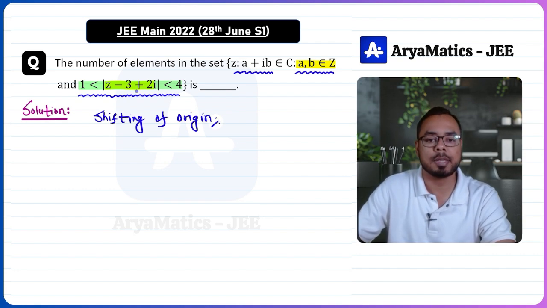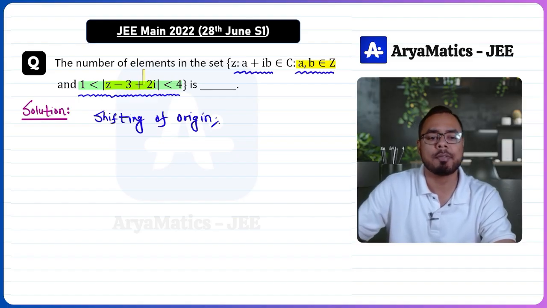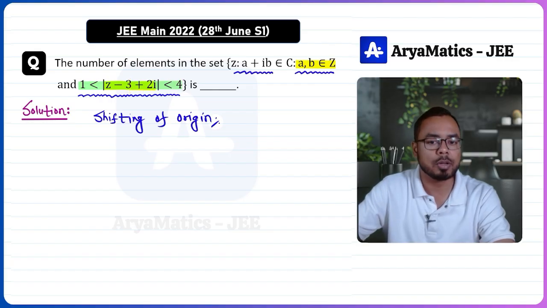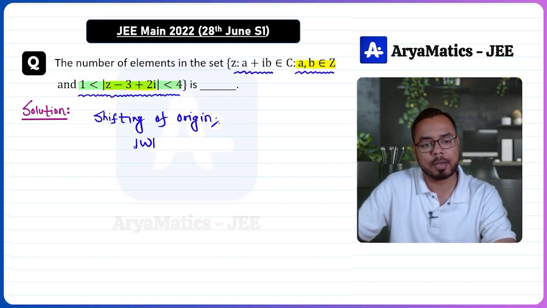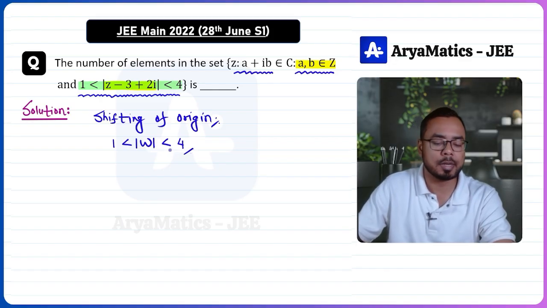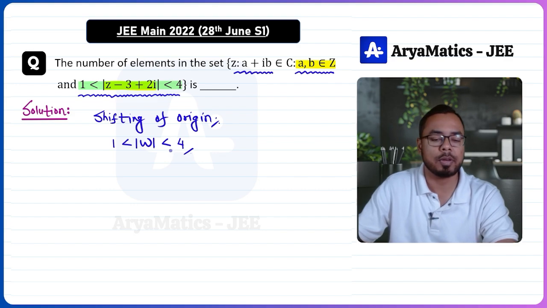So instead, we'll make the center of the two circles at origin, or let us say we'll take this complex number as some other complex number omega. Then the inequality becomes mod omega greater than 1 and less than 4. And now this will represent the region between two concentric circles with center at origin, one with radius 1, the other 4 units.